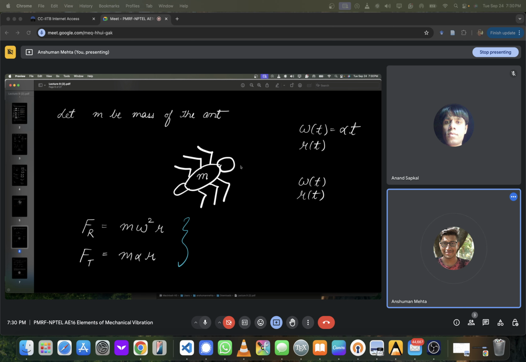And what actually it does is, since it has to reach from point A to B, it is getting pushed backward. So first it has to withstand that force, and then it has to provide additional force to reach point B. So the story is very tough for this ant.